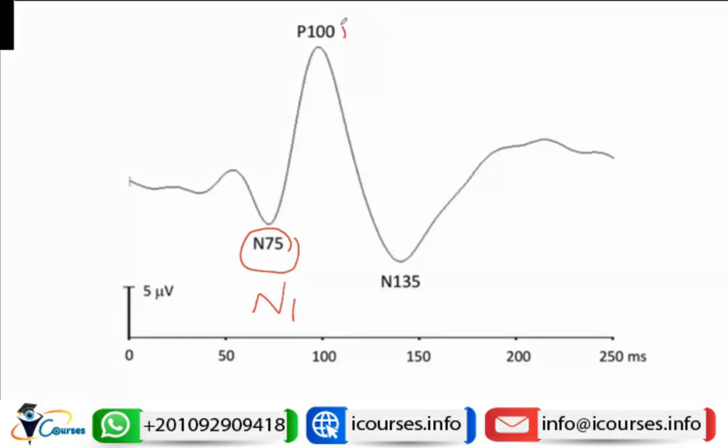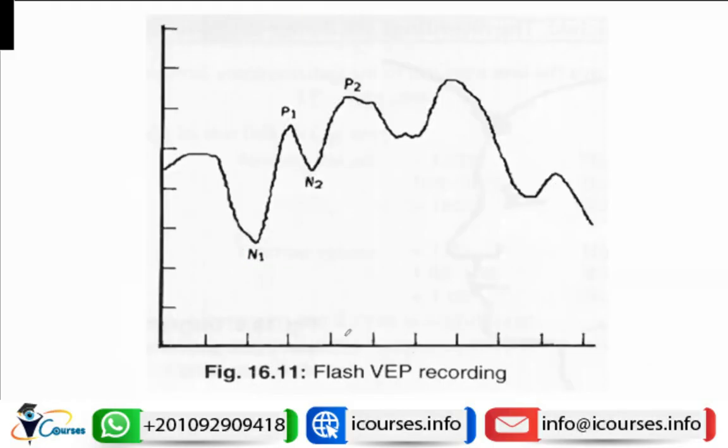The second one is a positive wave, which appears at 100 milliseconds, so it's called P100. Then the third one is a negative wave that starts to appear at 135 milliseconds, so it's called N135. So P for positive, N for negative. Here is the flash VEP recording, showing 4 waves: N1, P1, N2, P2.